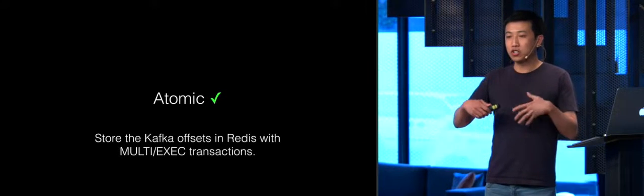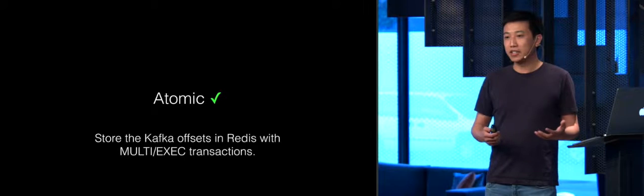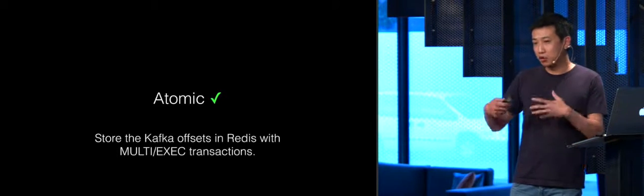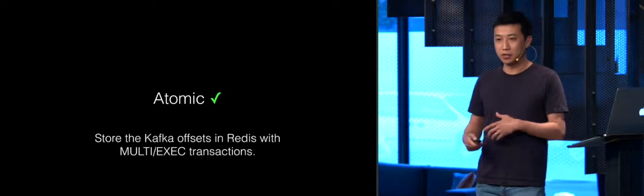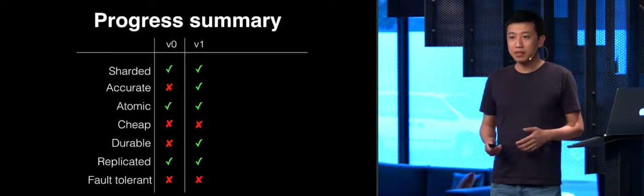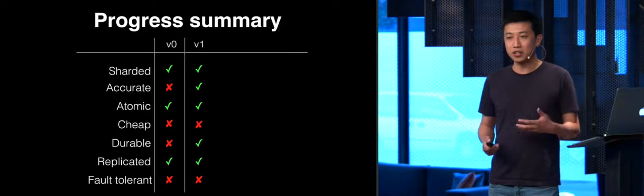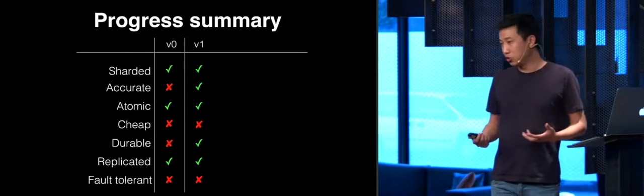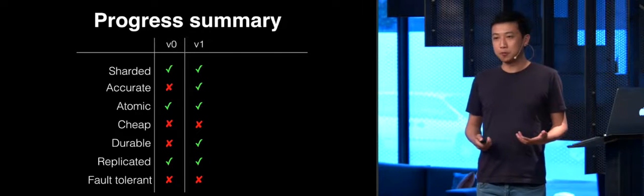So you can actually store the count data itself along with the Kafka offsets in the same database so that we get exactly-once semantics with Kafka. And it's not hard to do in Redis. Because of that, we also want to find a storage solution that supports the same semantics.